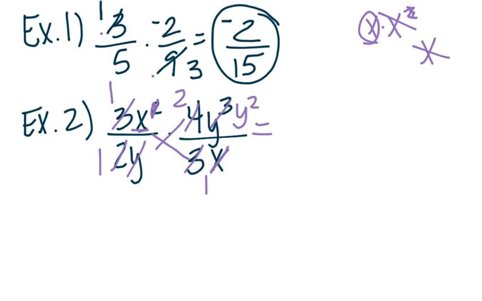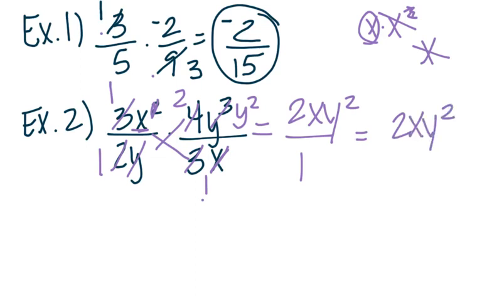So we have 1x times 2y squared, and that is going to give you 2xy squared. Then on the bottom, everything canceled out, and we were just left with 1's. So over 1, which when you simplify that, is 2xy squared.